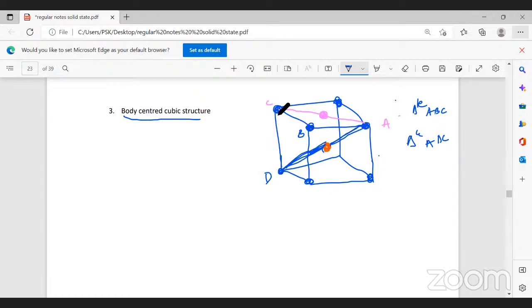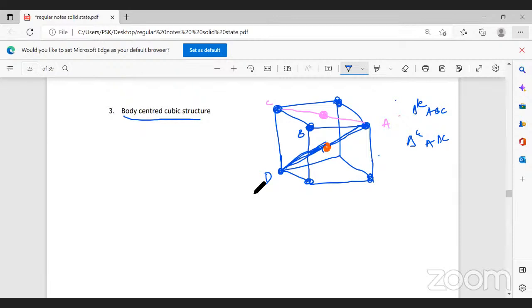One is A, B, and C. The other one is A, D, and C. Are you able to visualize that? Can you see that? Yes, sir. Now, if you have understood this cube, then it is easy for us to derive.